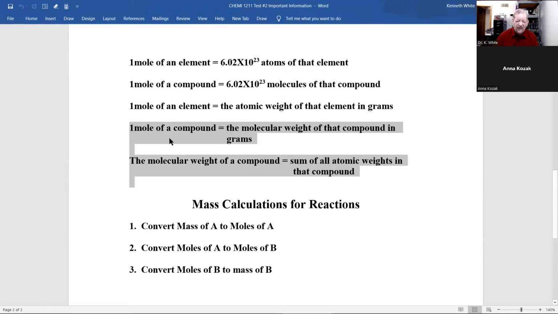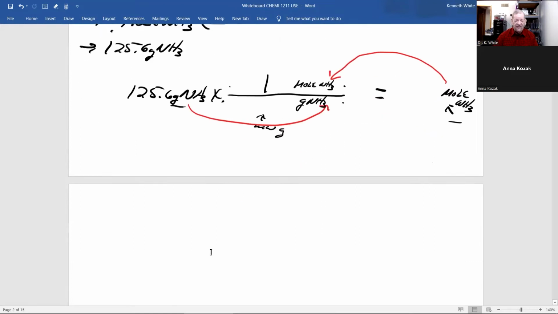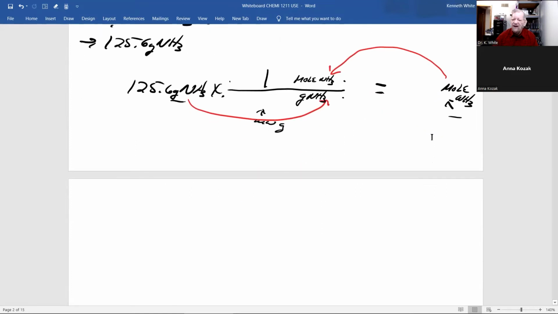So, knowing this, I can come back here and say 1 mole of a compound equals the molecular weight of the compound in grams. Well, oh no, we've got to figure out the molecular weight of ammonia.